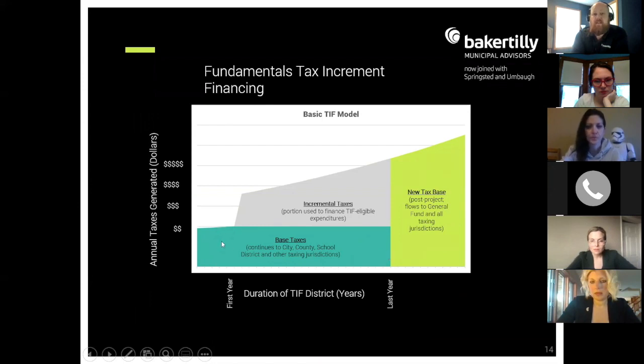So base taxes continue to go to the taxing entities as they were being generated. The new taxes go up and over time get captured. That incremental growth gets captured as TIF. And then at the end, all of this falls off and goes back onto the general tax base, and then all taxing entities benefit to the full extent of the market value of the property as normal taxes, no longer getting set aside as TIF.